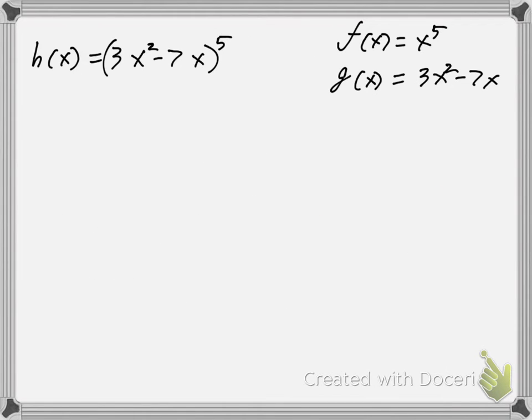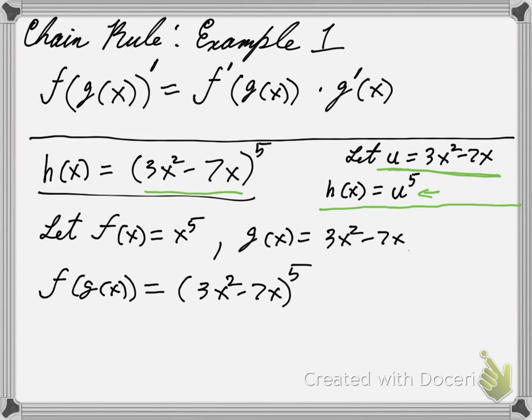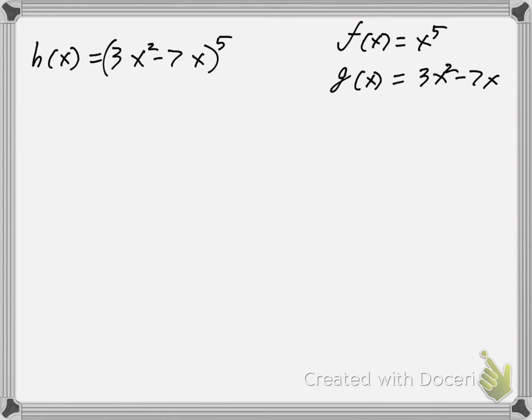According to the chain rule, as we've written on the previous page, the first thing we need to find is the derivative of f with respect to g of x. So we need f prime of g of x.